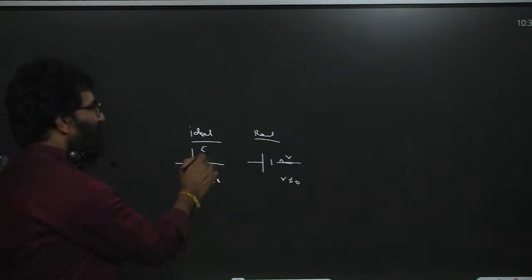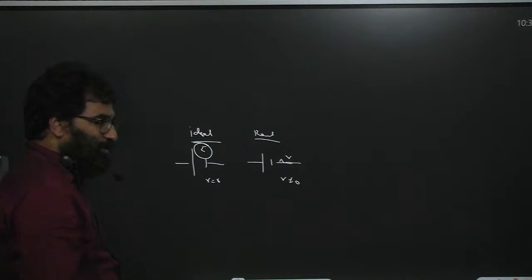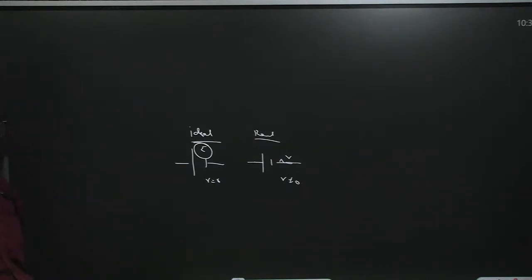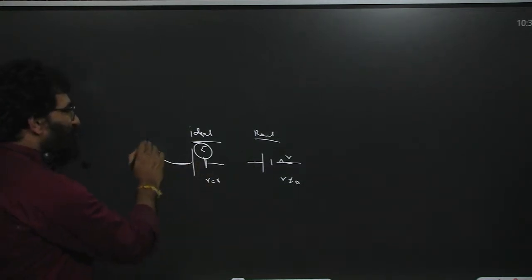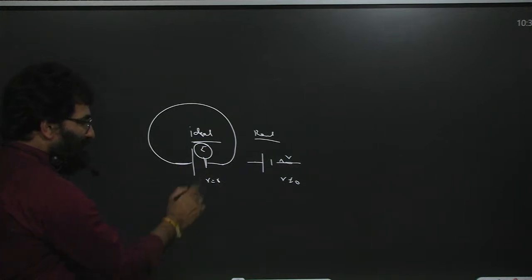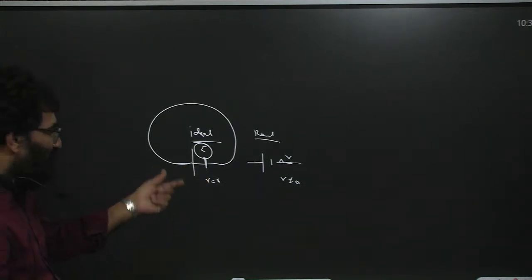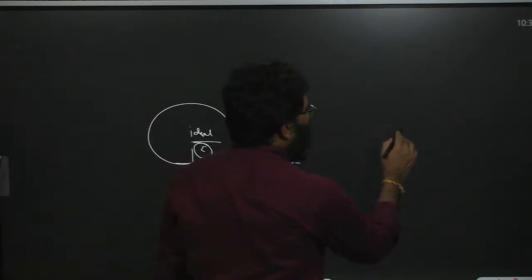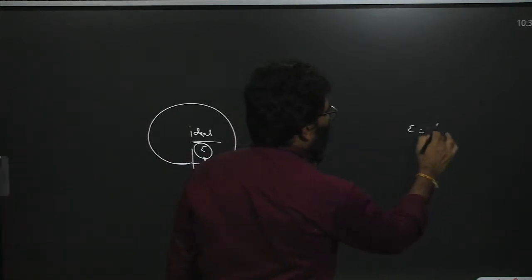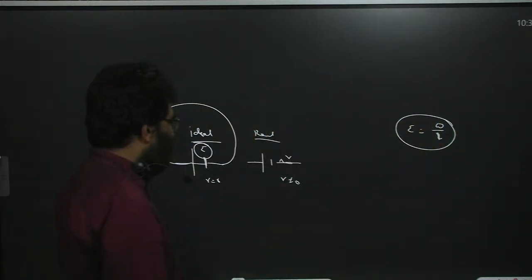That EMF is due to non-conservative forces. The work done by the battery to move electrons inside from negative terminal to positive terminal is by the electrostatic force only. So always remember, EMF is work done per unit charge.